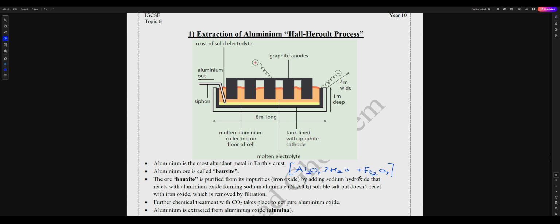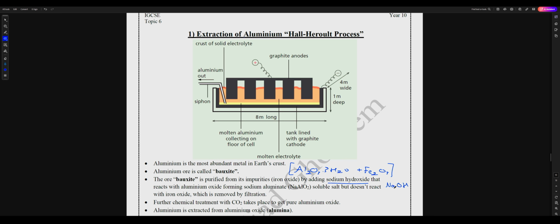In order for us to extract aluminum from bauxite, we need to do a couple of things. First off, we need to get aluminum oxide in the form of a soluble salt, and we need to get rid of the iron oxide. In order for us to do that, we react the bauxite with sodium hydroxide, which is, if we recall correctly, NaOH.